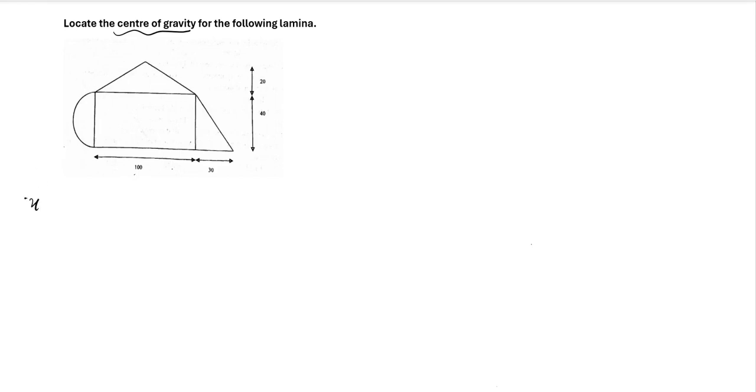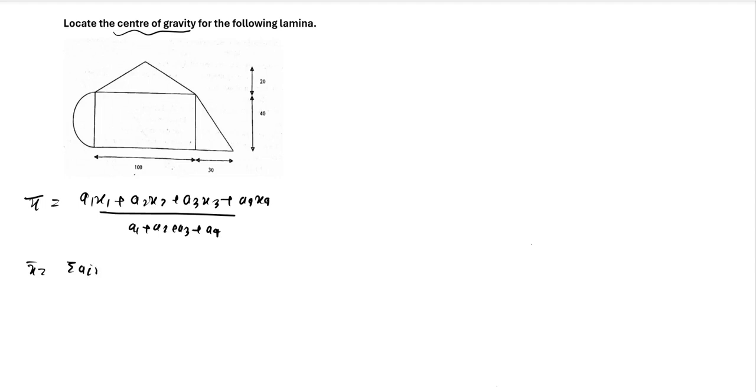The overall center of gravity formula is nothing but A1 x1 plus A2 x2 plus A3 x3 plus A4 x4 divided by A1 plus A2 plus A3 plus A4. So this is for this particular condition. The generalized formula will be x bar equals summation of Ai xi divided by summation of Ai.